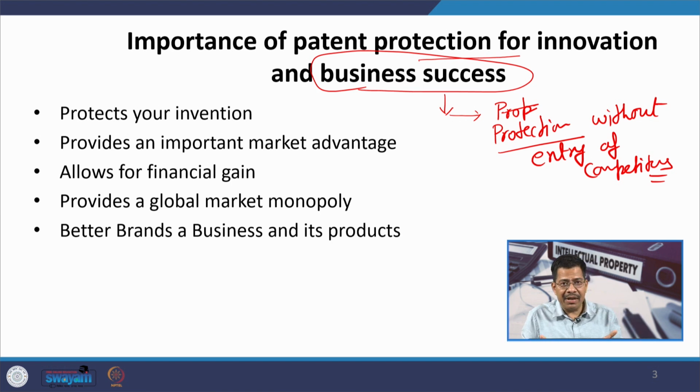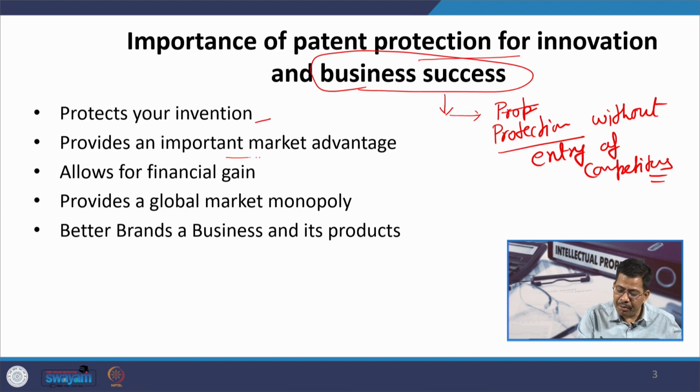If I do not have patents, if I do not have IP protection, anyone can come into that space and my exclusive right will not be there. So, it protects my invention, it provides important market advantage because your competitors will not be there. You may charge initially higher prices, so it allows you financial gains.